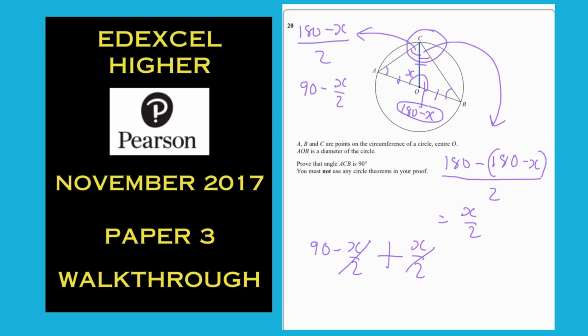And look at what happens. It all simplifies to 90. So you can prove that circle theorem without any other circle theorems, because it didn't want you to say angle at the centre is 180, so you halve it. But it does show you how you can prove that circle theorem by using essentially base angles of isosceles triangles.